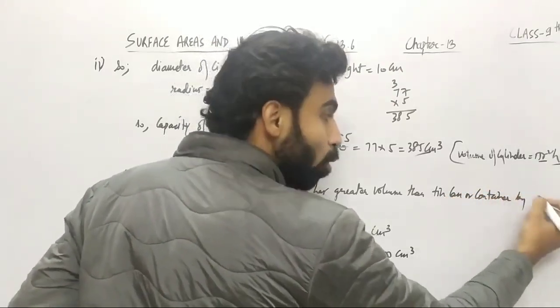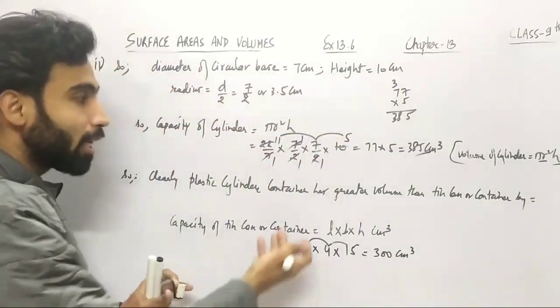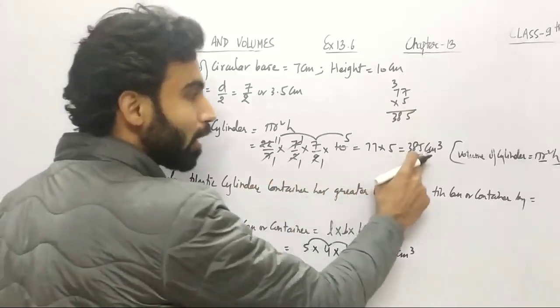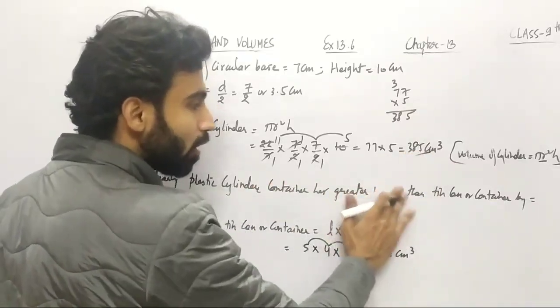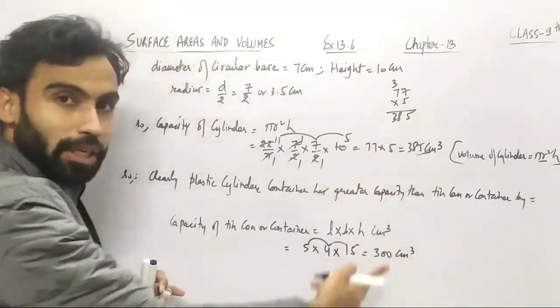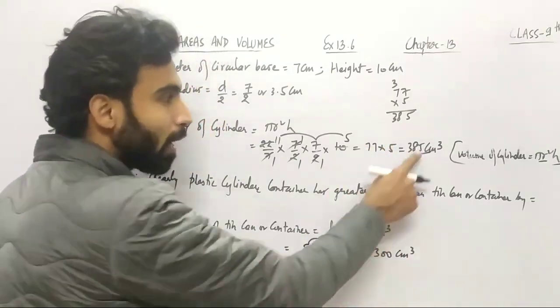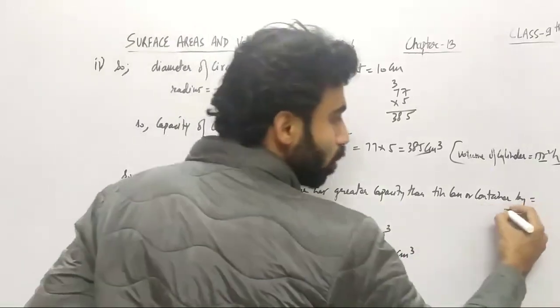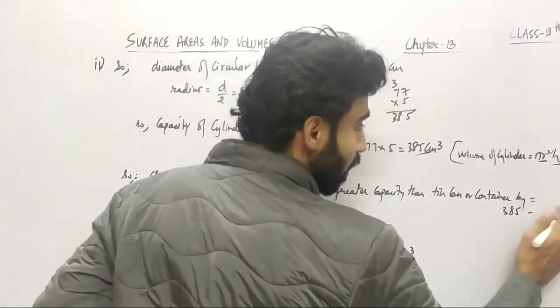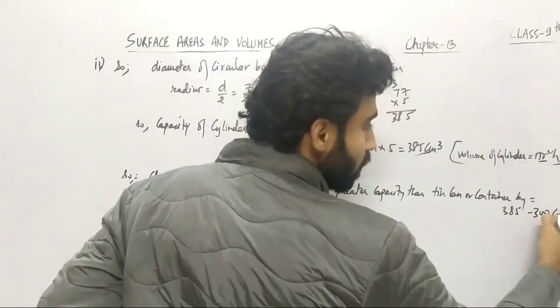Now by how much? So हमें कैसे पता चलेगा कि कितनी ज्यादा है इस plastic cylinder container की capacity. You can write the capacity here, right? So कितनी ज्यादा capacity है इसकी इस tin can से, मैं इसमें से इसको minus करूंगा. So 385 minus 300, right? Centimeter cube.